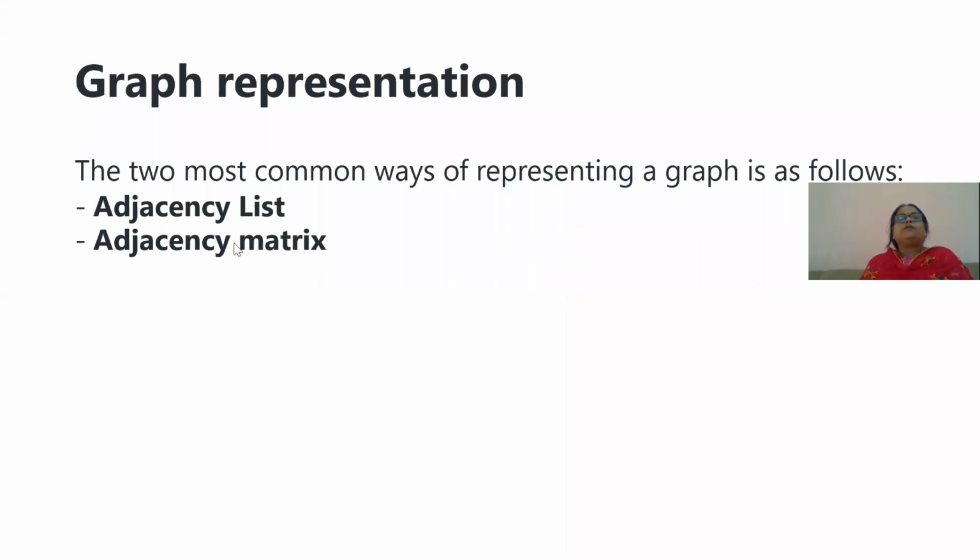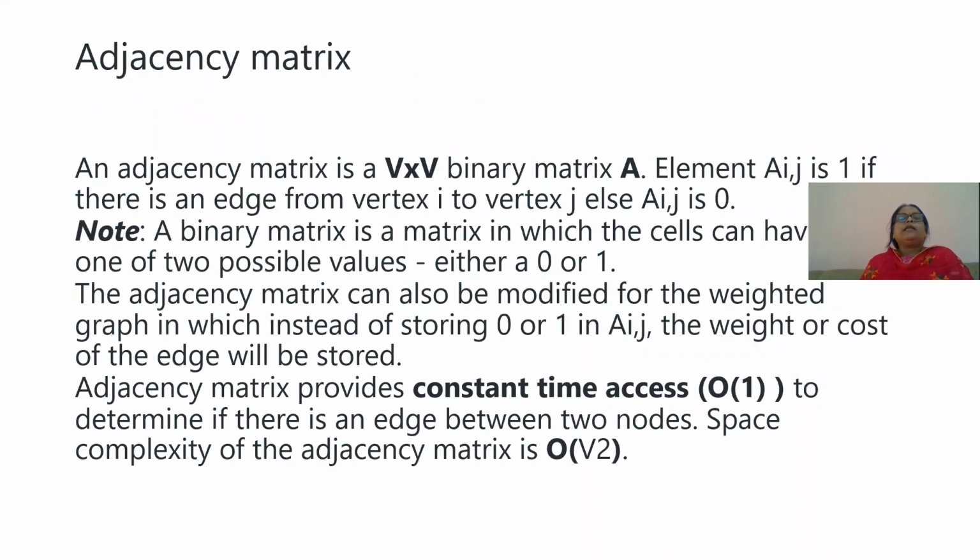There are two ways of representing a graph. One is adjacency list and another is adjacency matrix. In an adjacency matrix, if there is an edge between two nodes, put 1, otherwise 0.